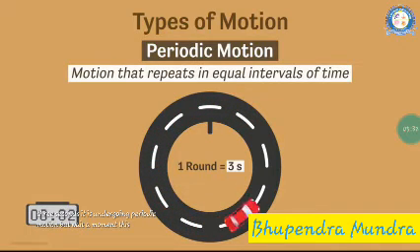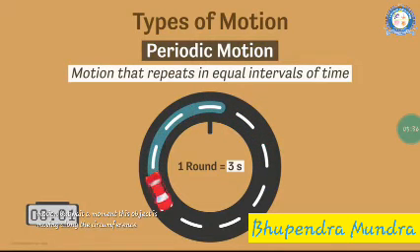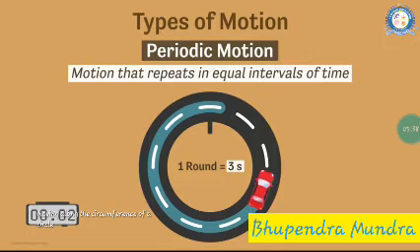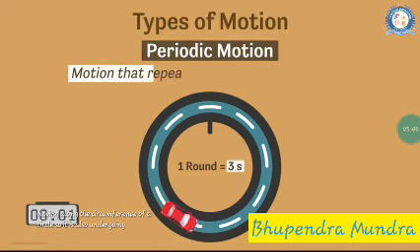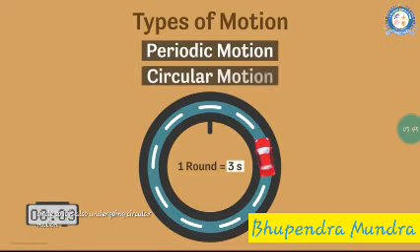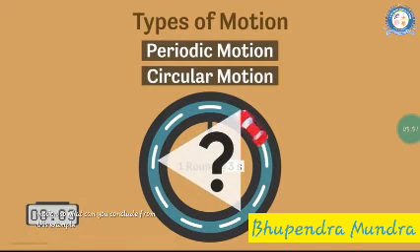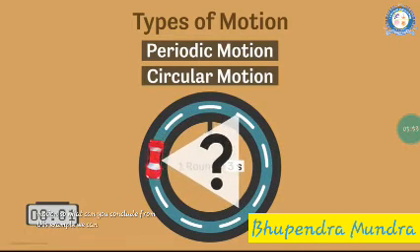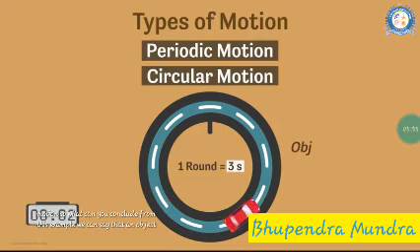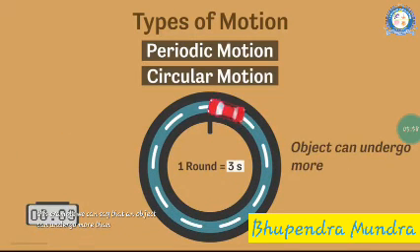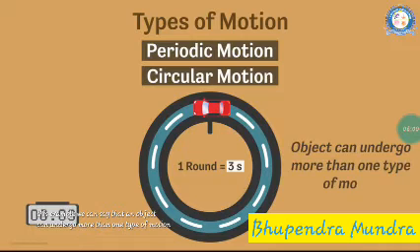But wait a moment. This is moving along the circumference of the circle, so it is also undergoing circular motion. So what can you conclude from this example? We can see that an object can undergo more than one type of motion at the same time.